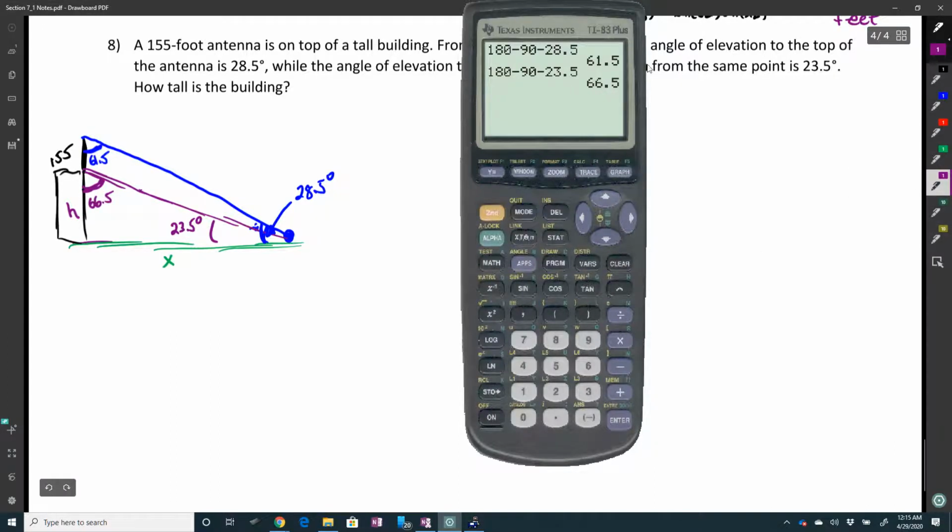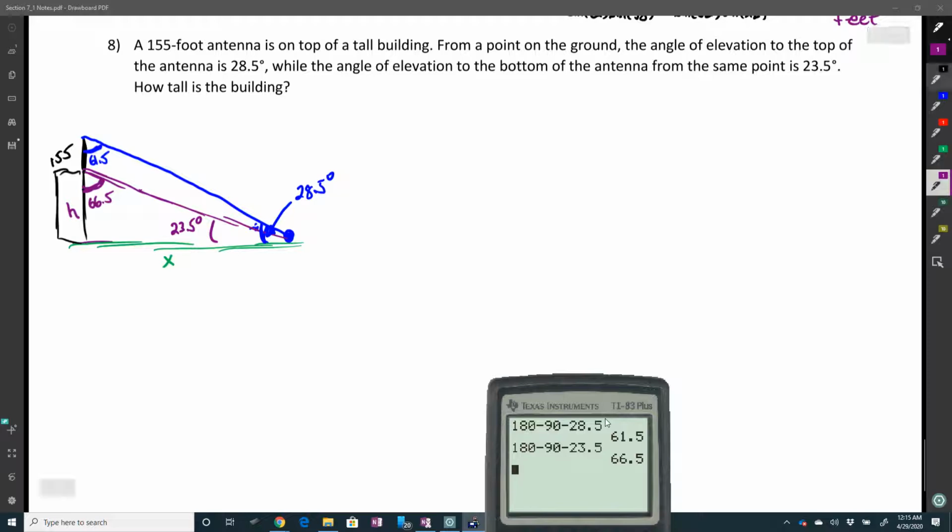All right, so using the law of sines, I can create some ratios here. I'm going to do this angle with h. Remember, you have to stay within your triangle. So within the smaller triangle, I have x over sine of 66.5 is equal to h over sine of 23.5.